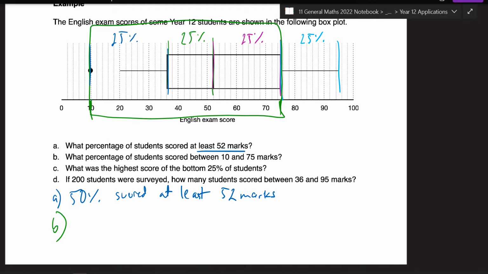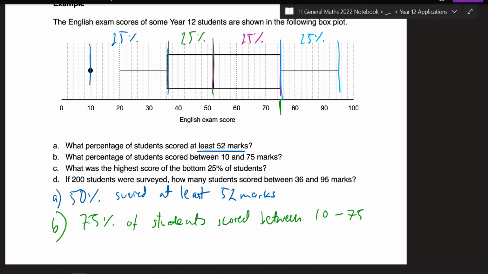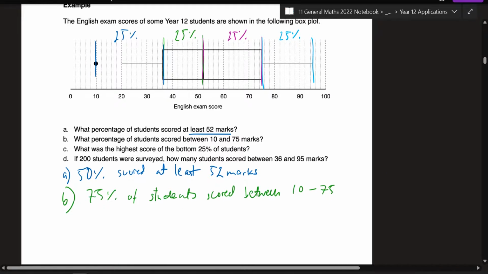So 75% of students scored between 10 and 75. Straightforward. That's why it's good to understand that you can split up a box plot into 25% chunks.